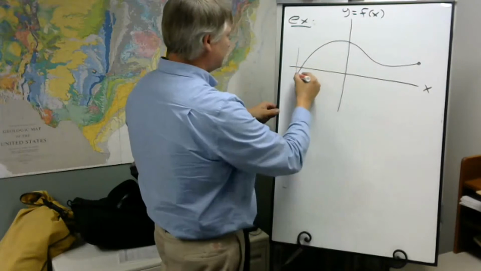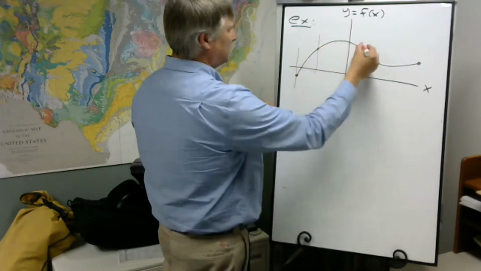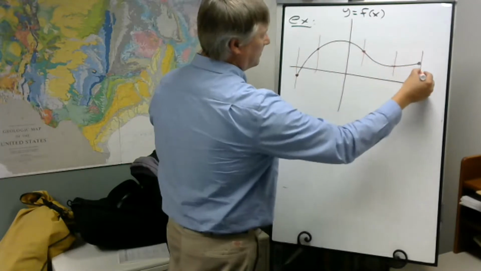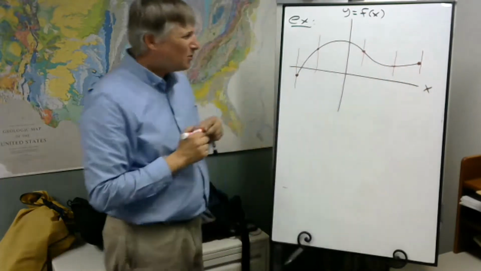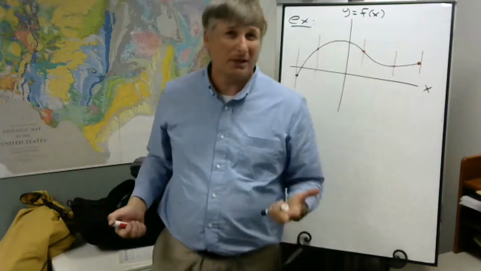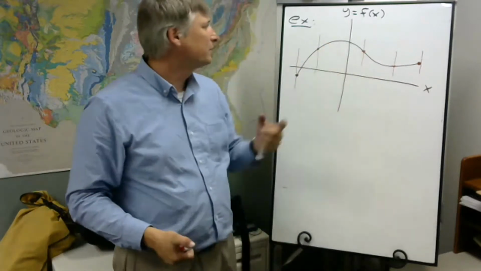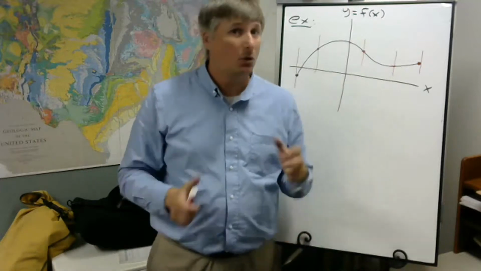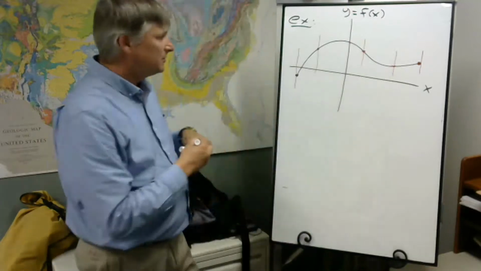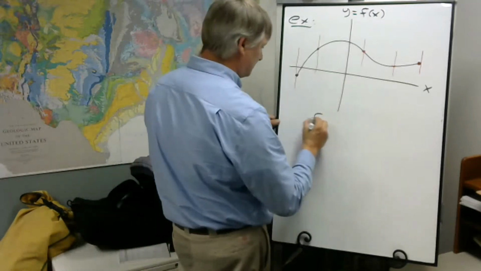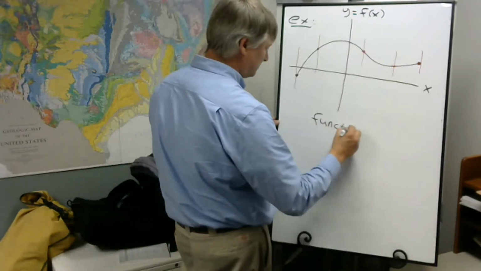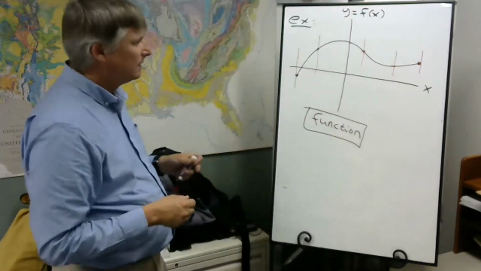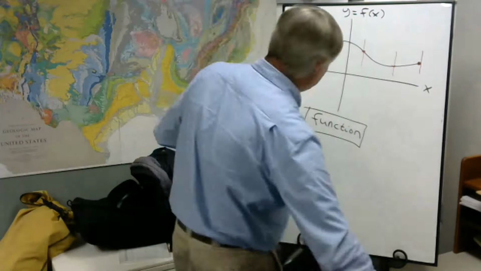So it intersects only once, only once, only once, only once, once. So there's no place on this graph where you intersect the curve at two places at the same time with a vertical line. It only works with a vertical line. So this means this is a function. Let's take a look at another one.